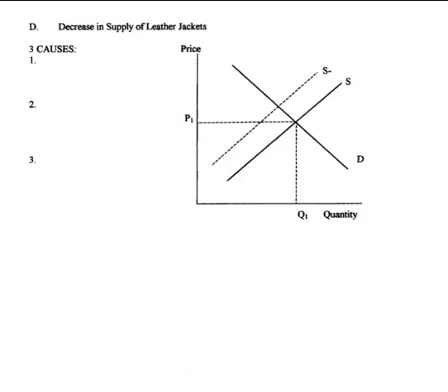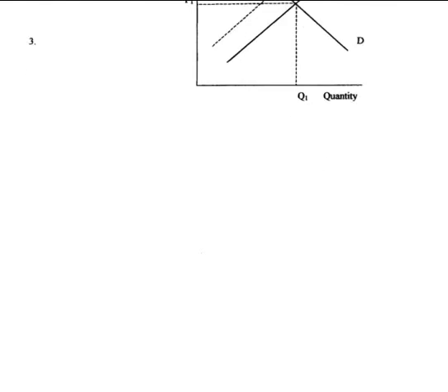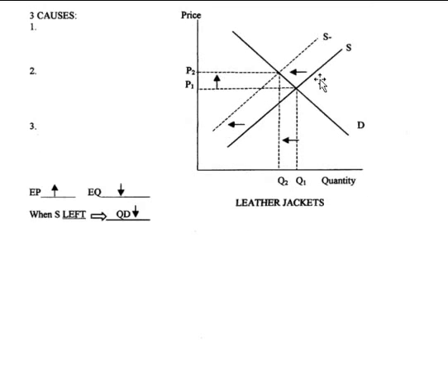So the second thing to do is find where the new supply curve intersects with the original demand curve, and then go straight down, label your second quantity, go straight across, and label your second price. Now you really can ignore the original one, but we're showing that it was here, and now here's our new decreased supply. So as far as the graphical analysis, here's my new supply curve.